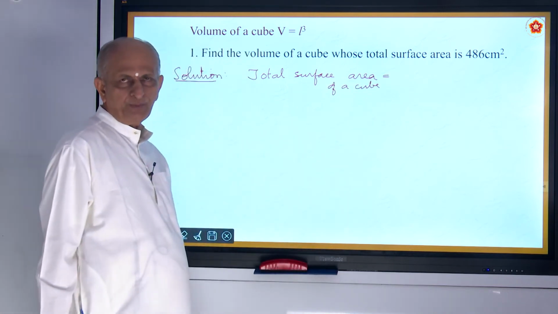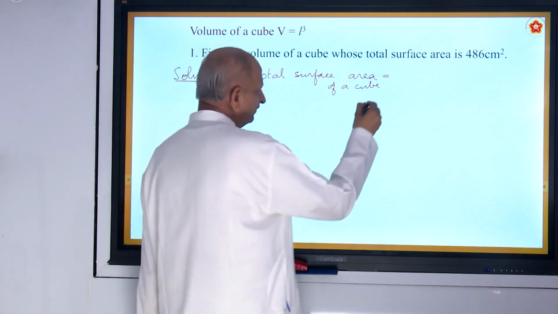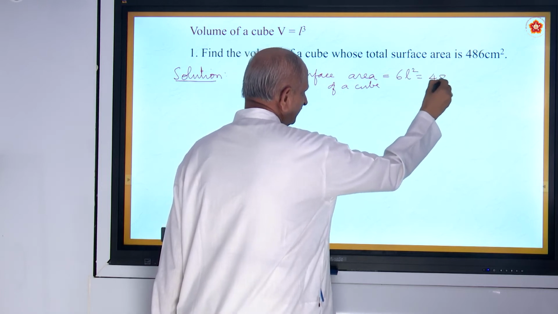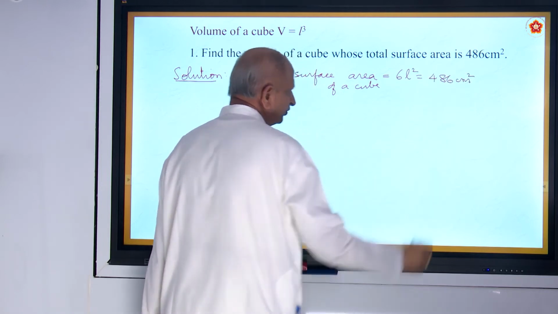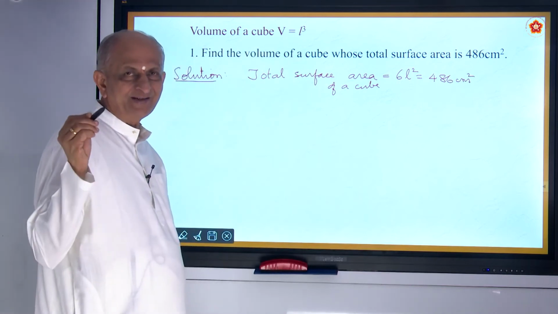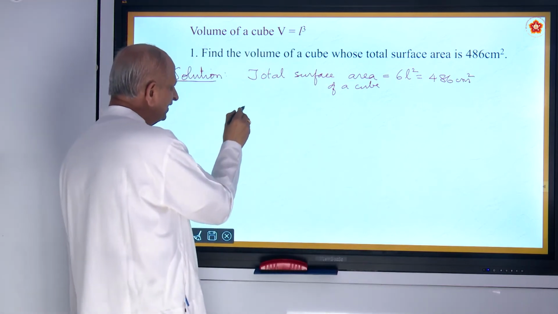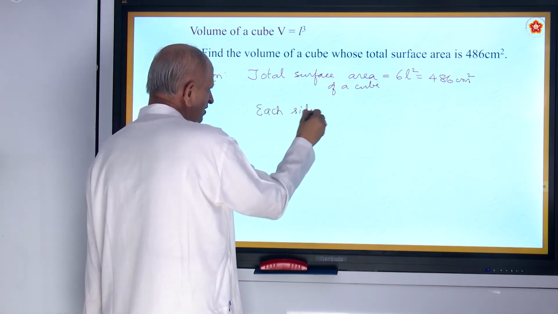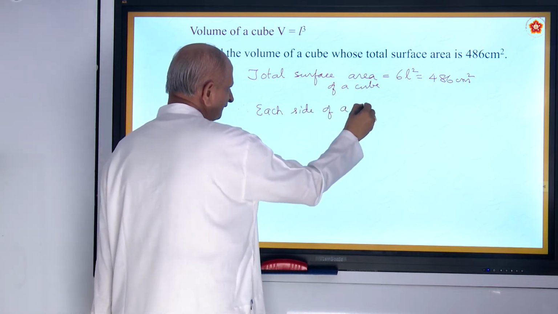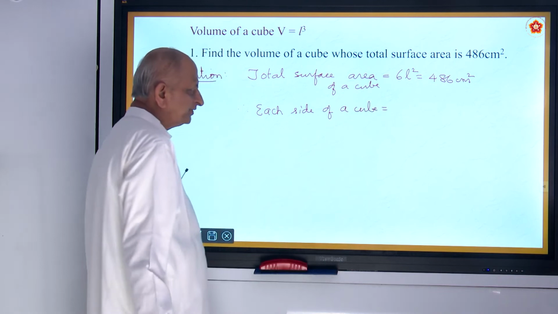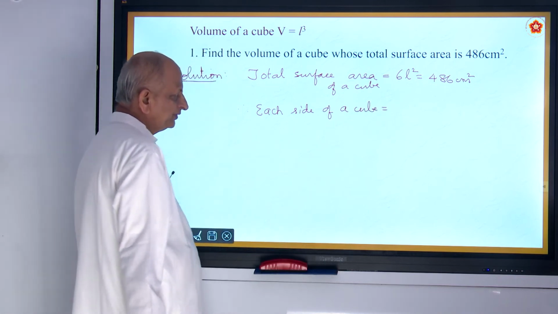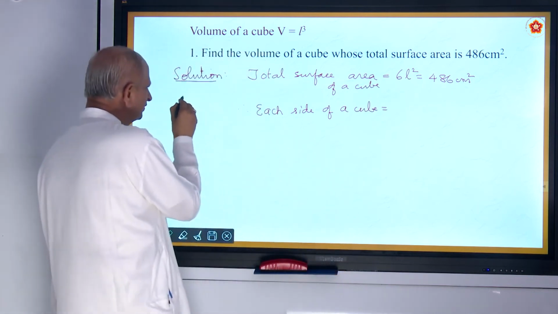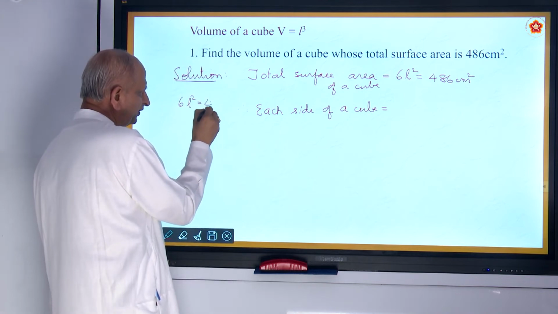Total surface area of a cube is given, and that formula is 6L square is equal to 486. So how do you find out side? So you can find out each side, correct? Each side of a cube. 6L square is equal to 486.